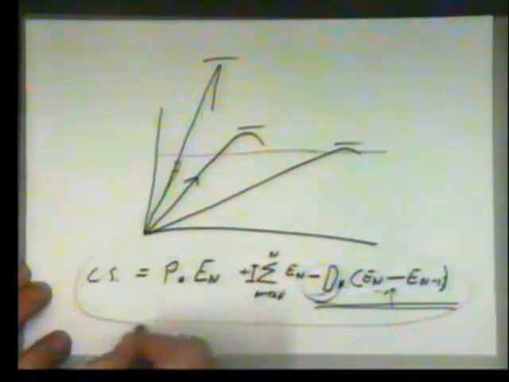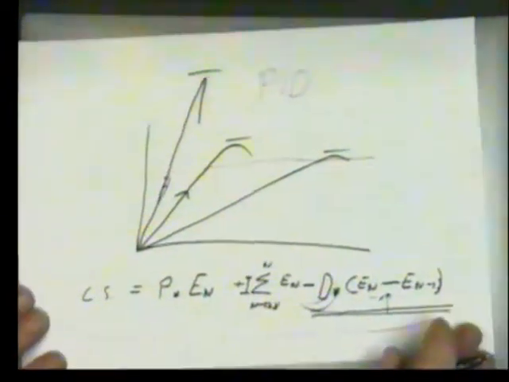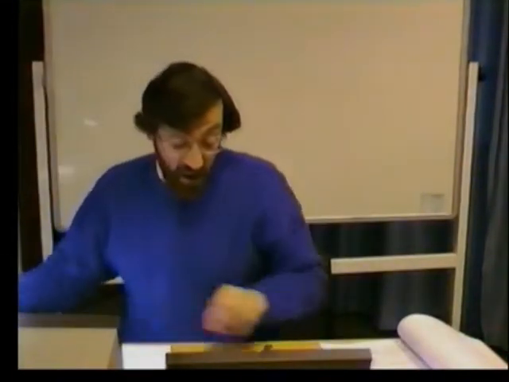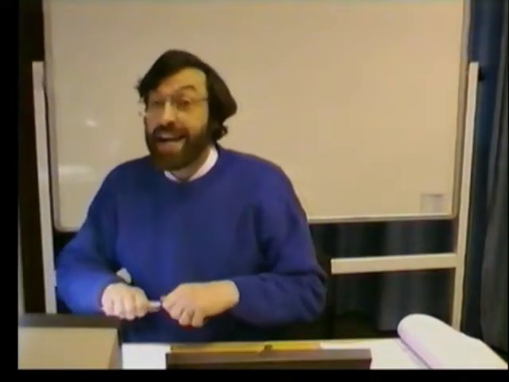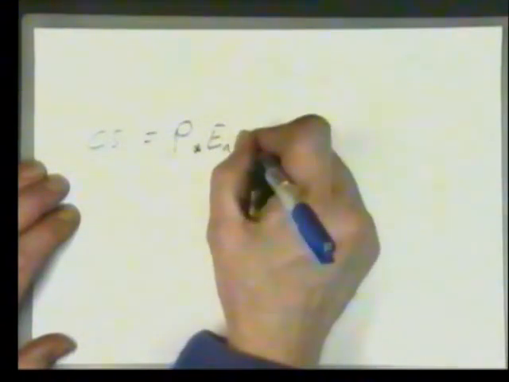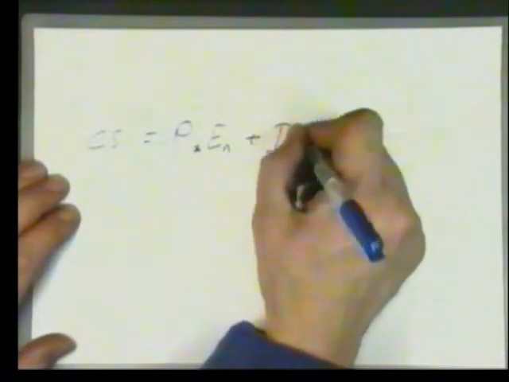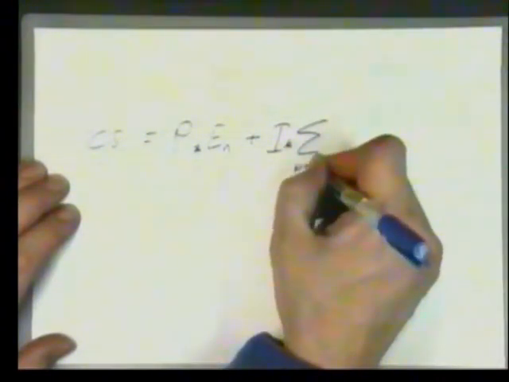So what we have here is the full PID control algorithm. And we'll write it out again. It's called three-term control, the three-term control algorithm, PID, proportional, integral and derivative, where the control signal equals P times e_n plus I times sigma, whatever the sample block was.